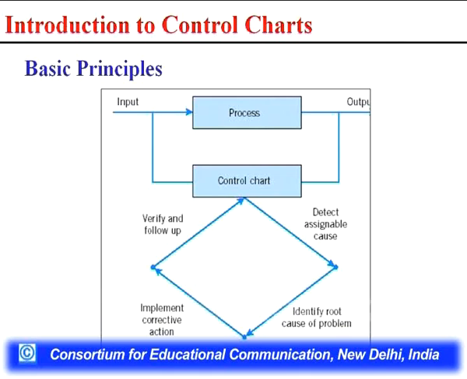If it is out of control, we have to detect the assignable cause for the process going out of control, then identify the root cause of the problem and implement corrective action to get rid of the root cause, and then verify and follow up through the control chart. This is the way we use control charts.